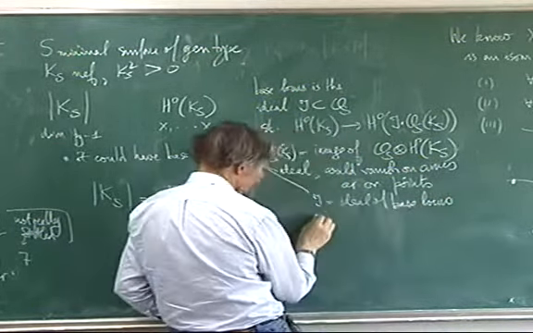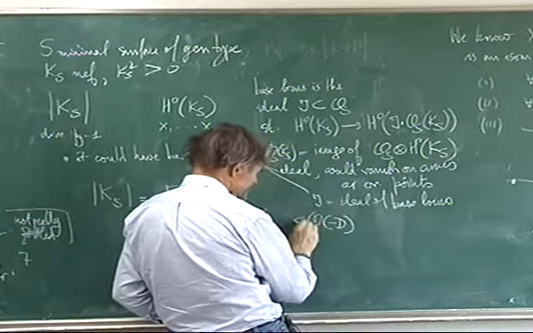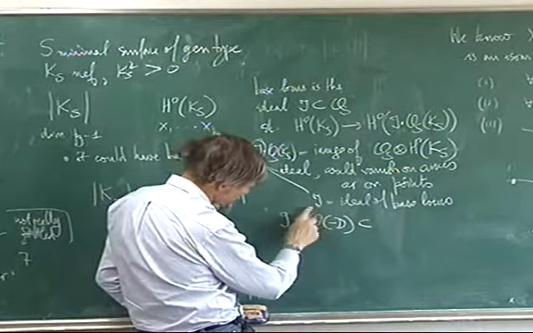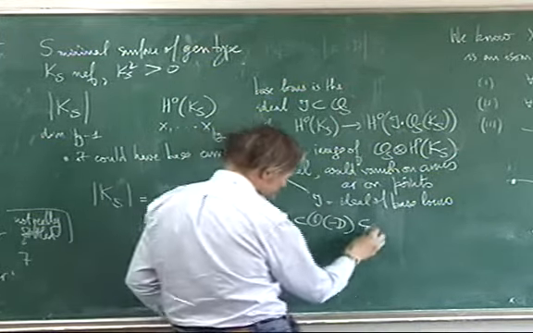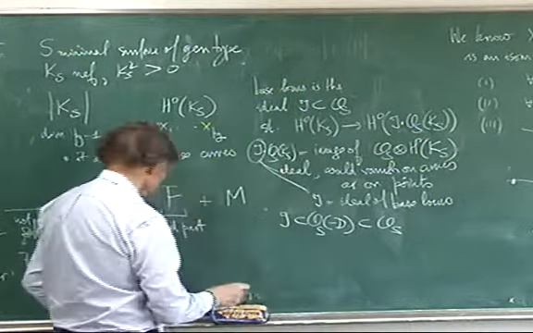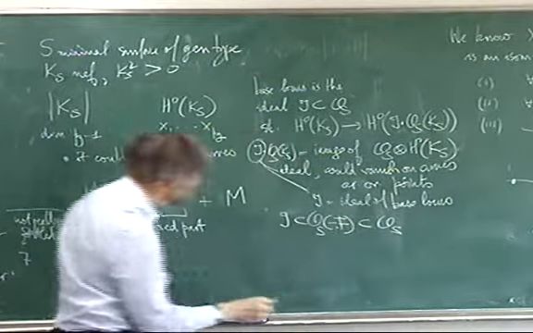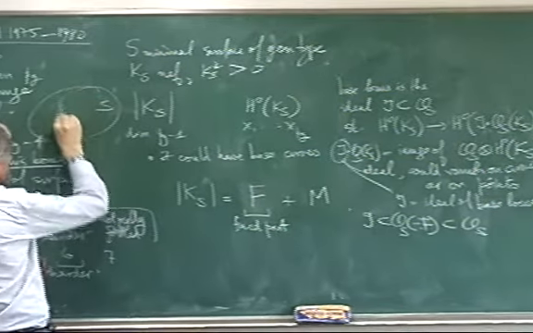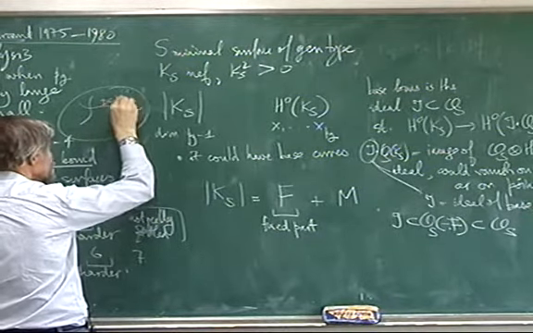I'm just asking for the biggest sheaf of ideals, O_S of minus D, contained in I. Right, so I take all the elements in this I, and I ask what's the biggest curve they all vanish on. So this is F. Here's my S. Here are some of these curves D in K_S.